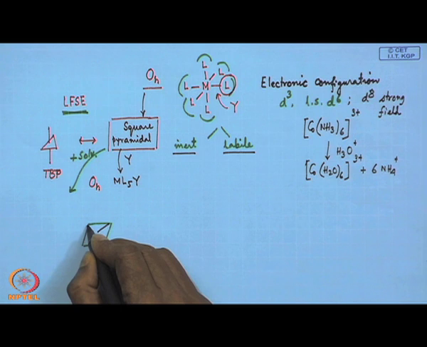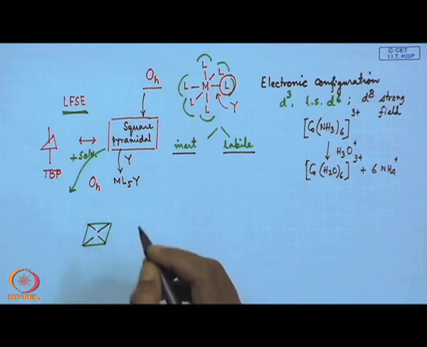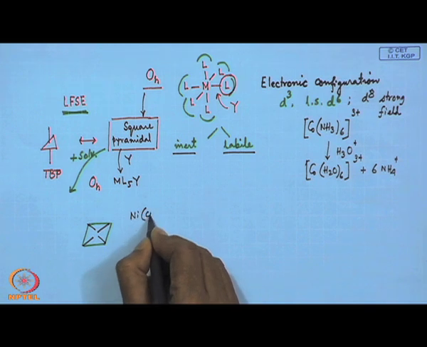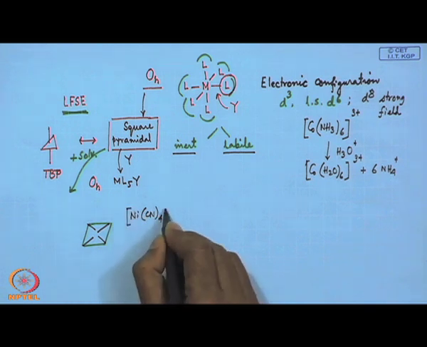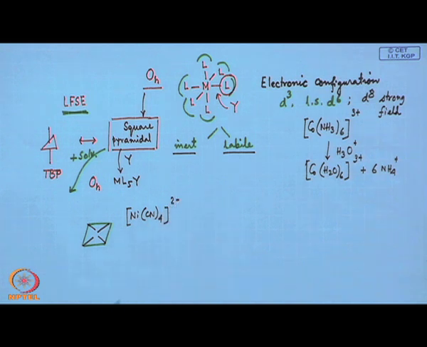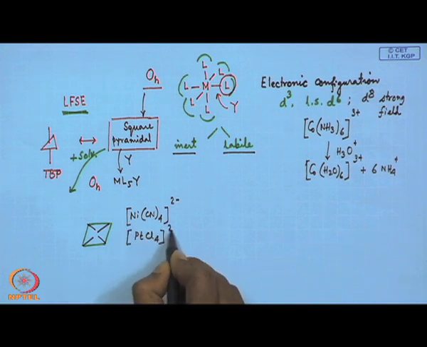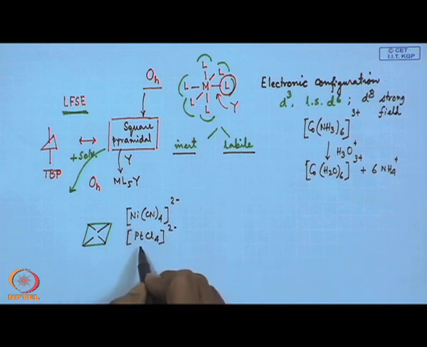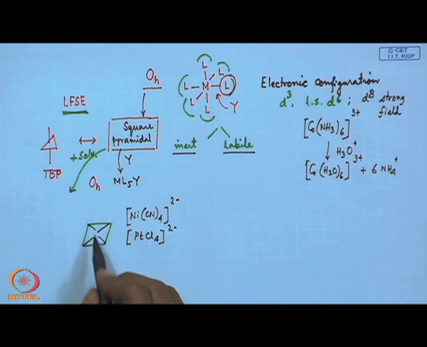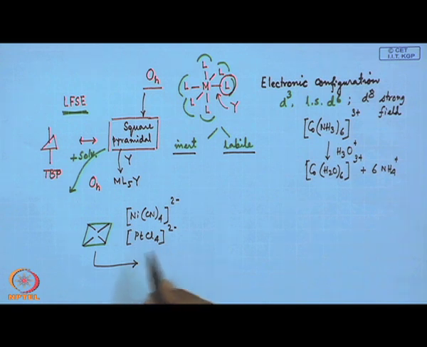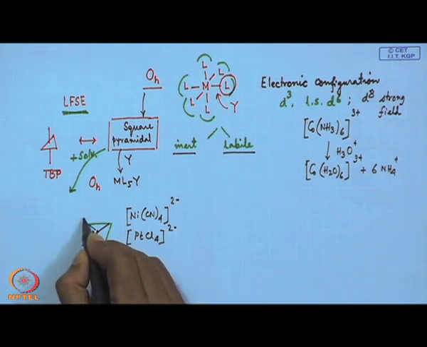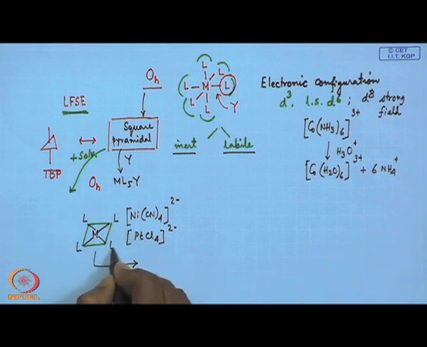So, in a d8 system it is basically preferring the square planar geometry, like tetracyanonickelate(II) or PtCl4 2-. So, platinum center, palladium center or the nickel center can give rise to this particular square planar environment, and how in this particular environment where the metal is there and we have L for substitution reaction.